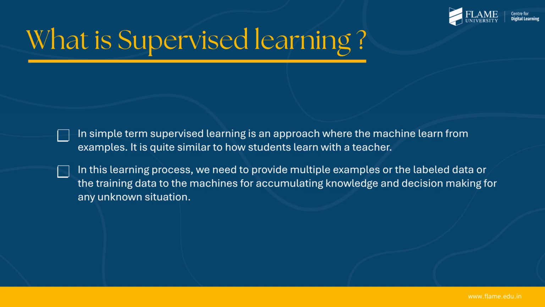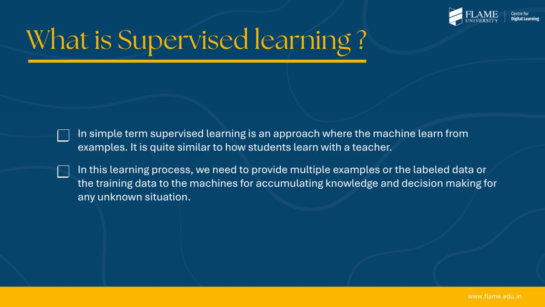Basically, you tell it, if these are the patterns, you should consider this the outcome. Based on multiple such examples, your machine will learn, and finally for an unknown situation it will try to predict the output or outcome.